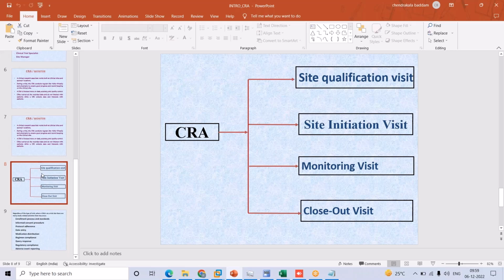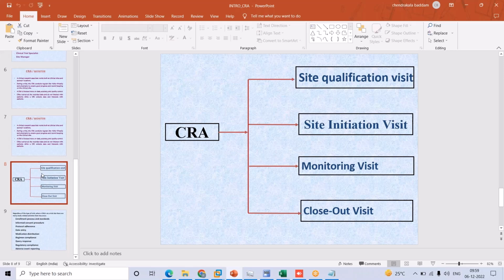Before you start the study, we have two visits: the site qualification visit and the site initiation visit. Site qualification will help you decide whether the site is eligible for study participation. Initiation: before initiating the study, they check the requirements.